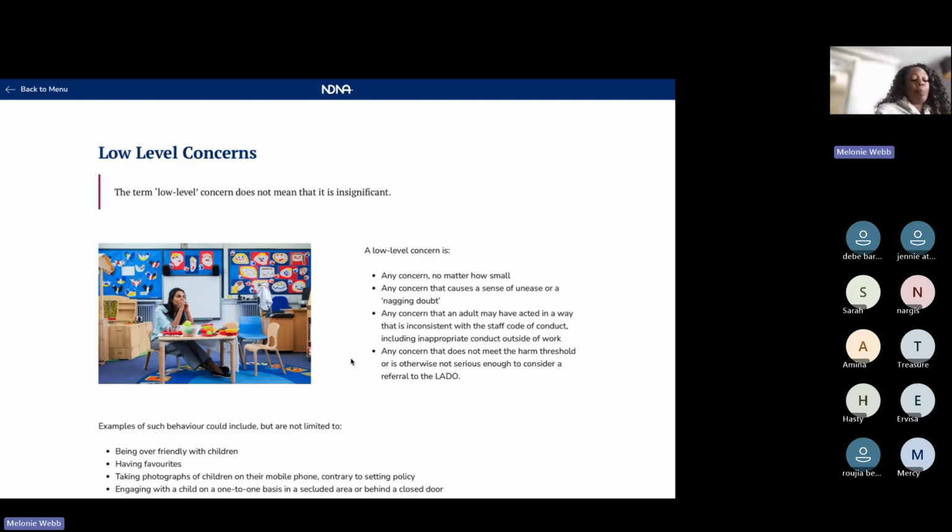Think back to poor little Daniel Pelka, all of those low-level concerns that were ignored. They can actually save somebody's life. So any concern that an adult might have acted in a way that's inconsistent with the staff code of conduct, and a concern that doesn't meet the harm threshold or is otherwise not serious enough to consider a referral to LADO, would all be considered low level.